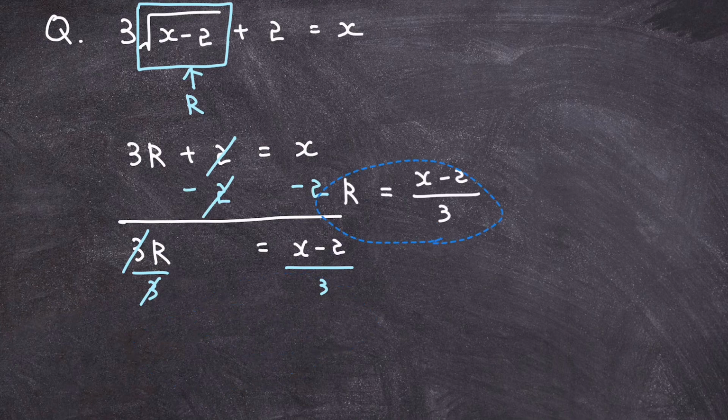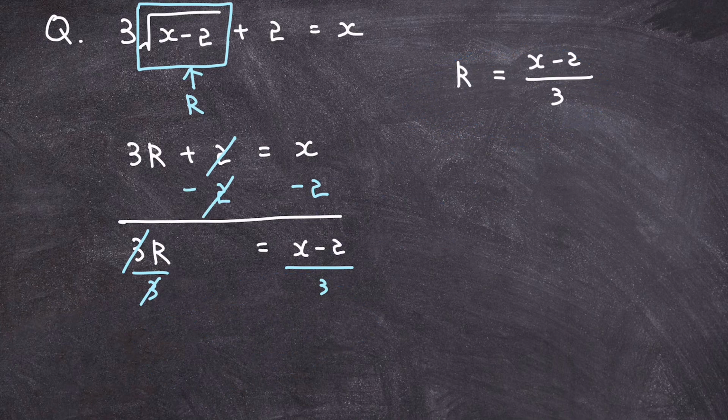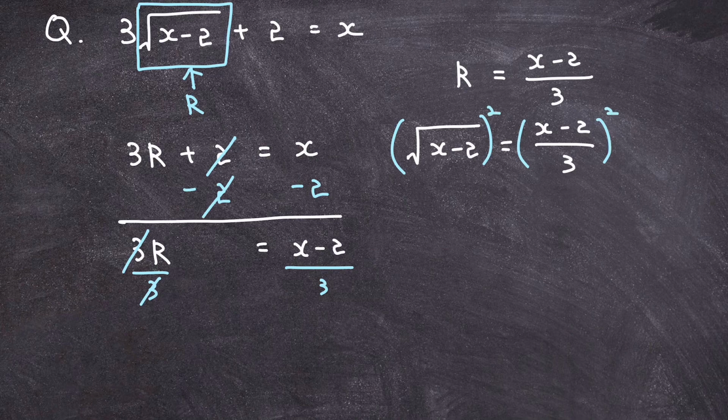Let's move this to here. If I plug back in, I have square root of x minus 2 is equal to x minus 2 over 3. And then what I do is I am going to square both sides so we can get rid of the square root sign.